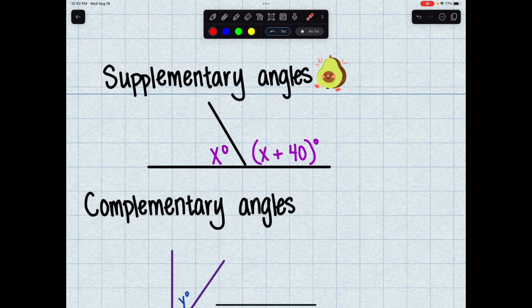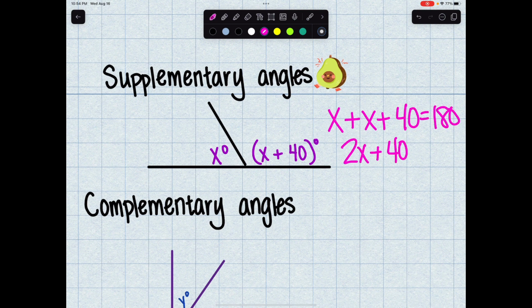So then you could figure out what X is, right? All you would have to do is X plus X plus 40 equals 180. That means 2X plus 40 equals 180. And you could keep going and figure out what that is. X is eventually equal to 70 degrees.